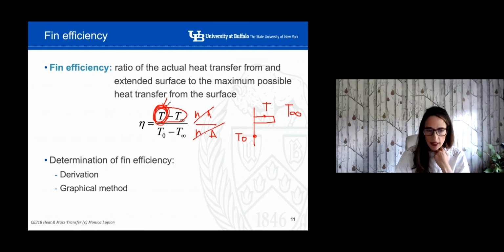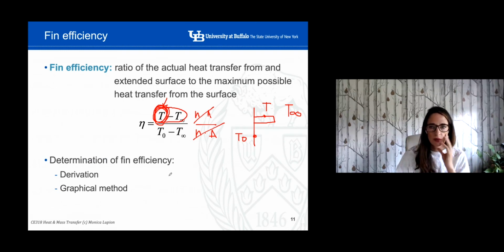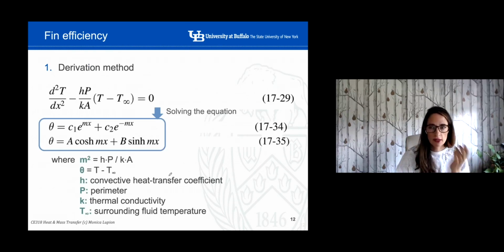So let's get back to the problem. This is the equation that we need to solve. I mentioned that we can either try to solve it mathematically, analytically, and therefore we will need to solve the differential equation. We will have two constants here that we will have to define using boundary conditions.